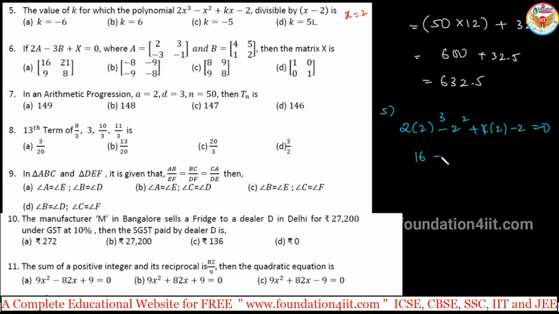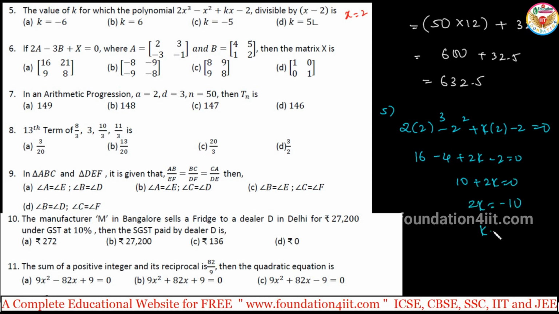That is 16 minus 4 plus 2k minus 2 is equal to 0. 16 minus 4 is 12, minus 2 is 10. So 10 plus 2k is equal to 0. Then 2k is minus 10. Then k is equal to minus 5. The k value is minus 5. That is option C.